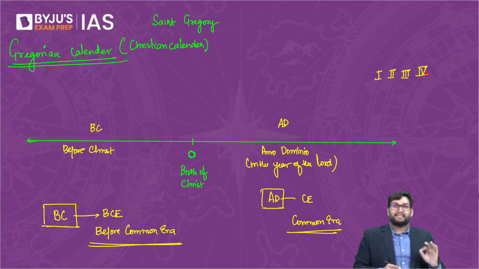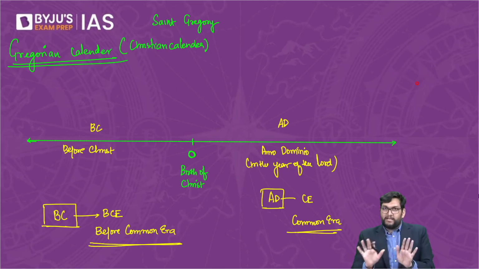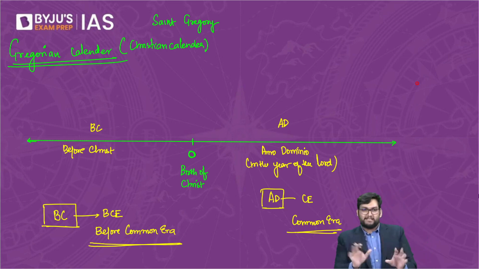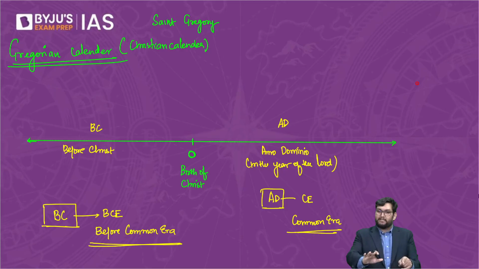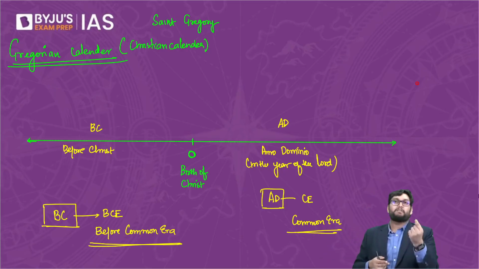So please understand this point. There's a lot of technicality here. I'm bringing it down. Now, do we understand this basic point? You just understand this point that it is BC, BCE and AD, CE. Because I have to teach you something that is the real thing which you will apply every day.